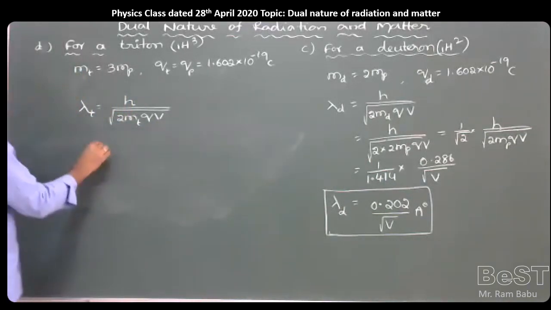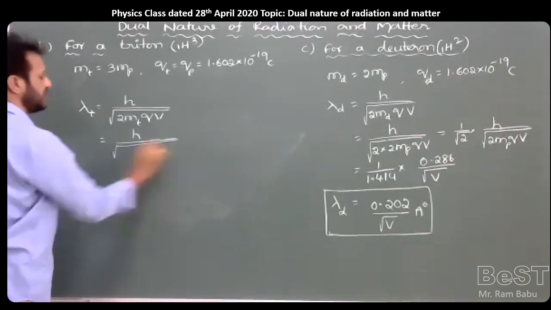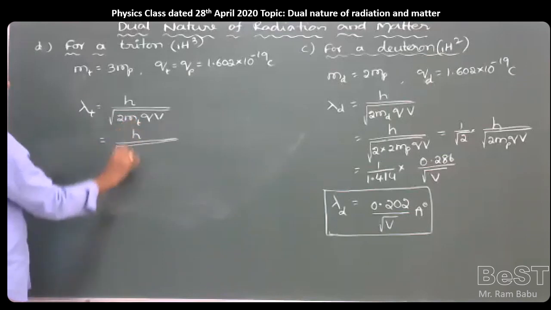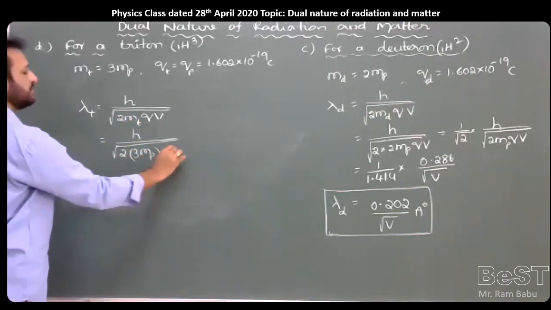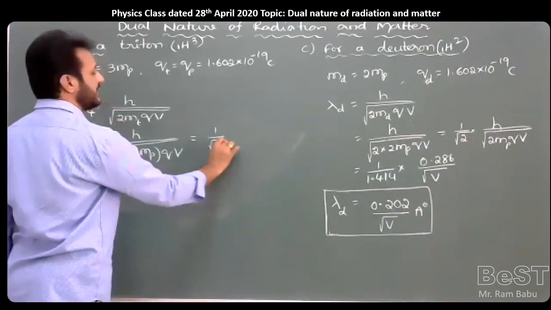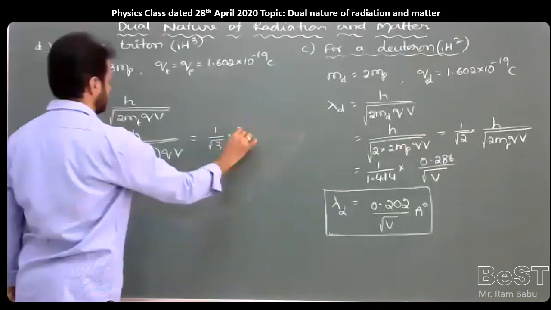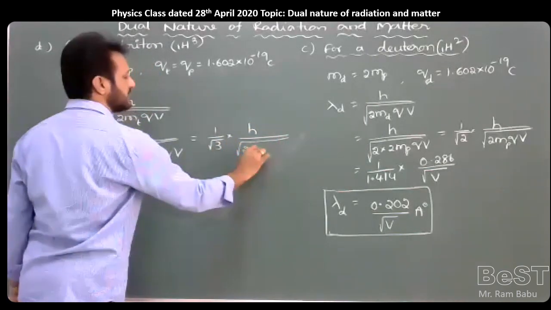It is equal to h by square root of 2 into the mass of the triton, which is 3 times the mass of the proton, into q into V, which is equal to 1 by root 3 times this value, h by square root of 2m qV, with m the mass of the proton.